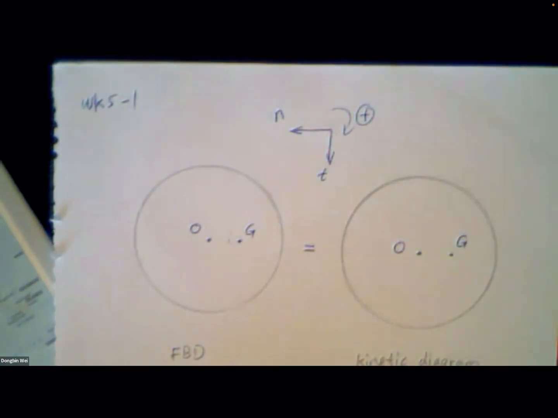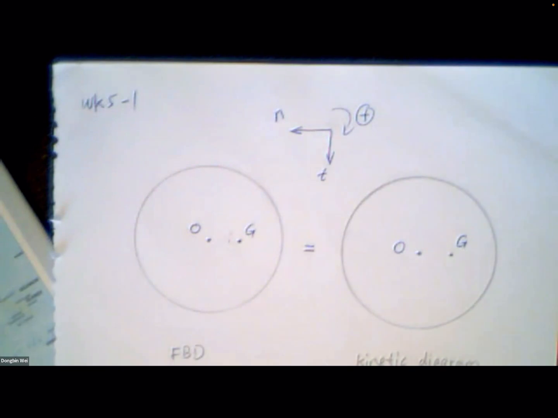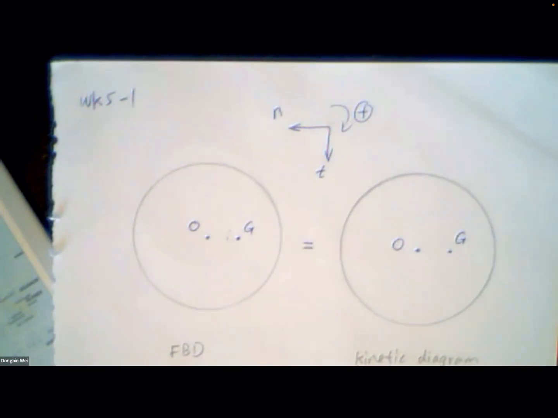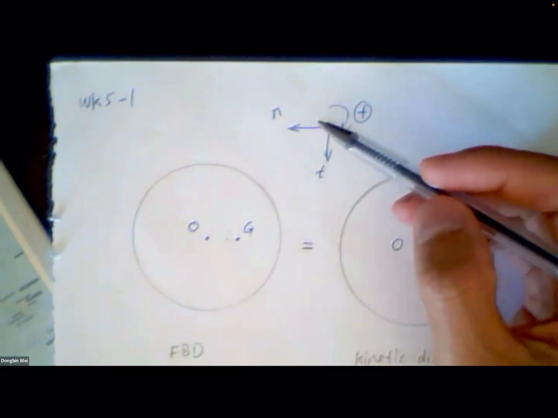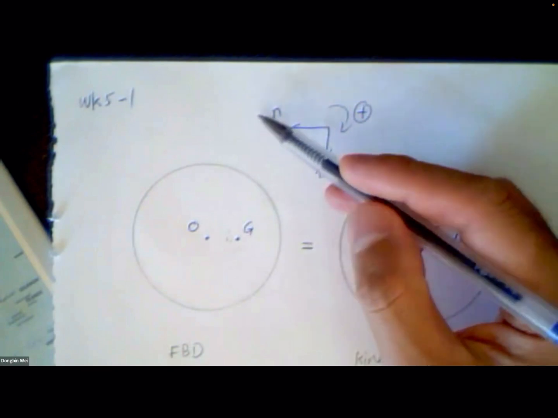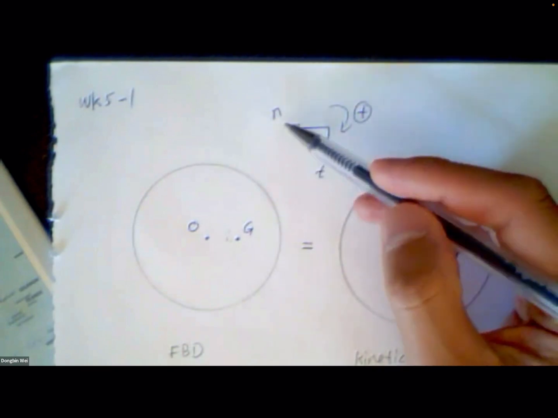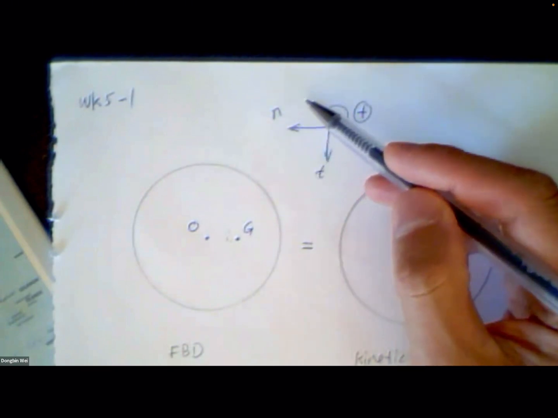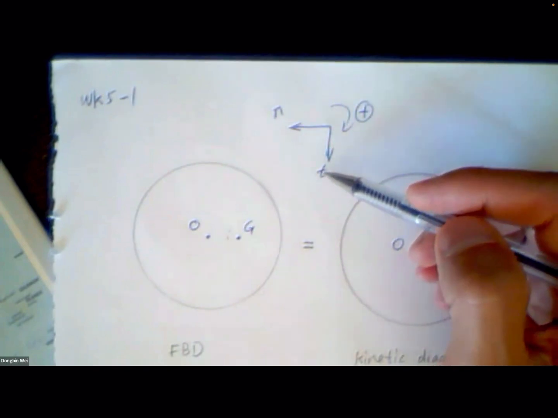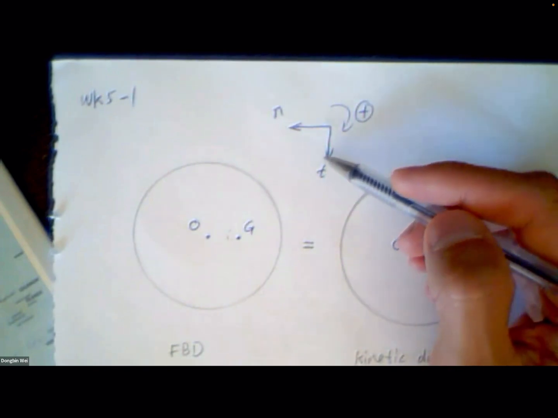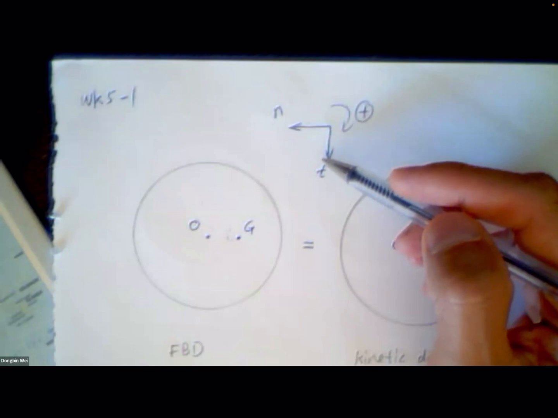Now for the free body diagram. Oh, sorry. Before I draw the free body diagram, I should let you know the defined coordinate system. For this problem, this is a rotation about a fixed axis problem.